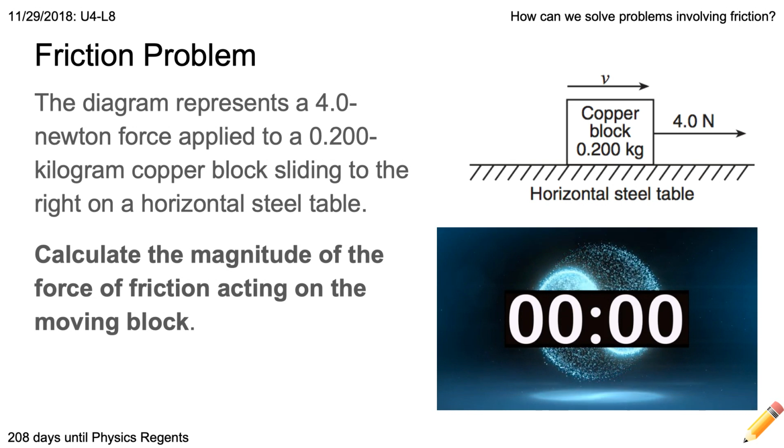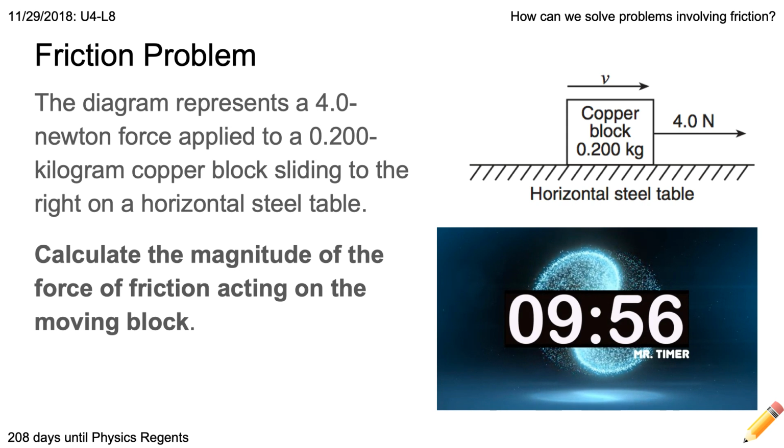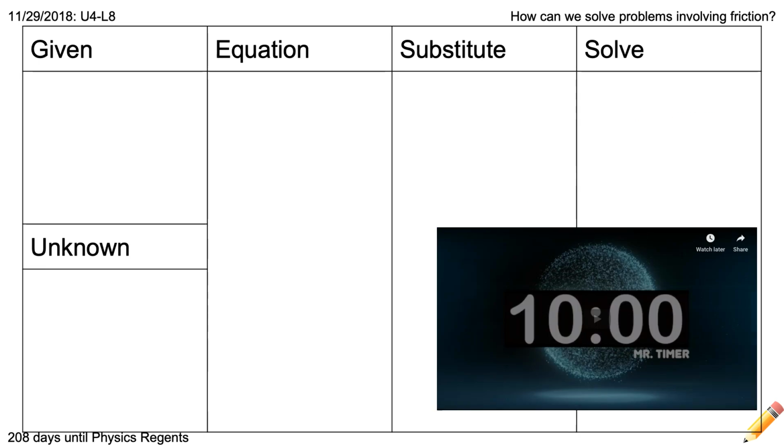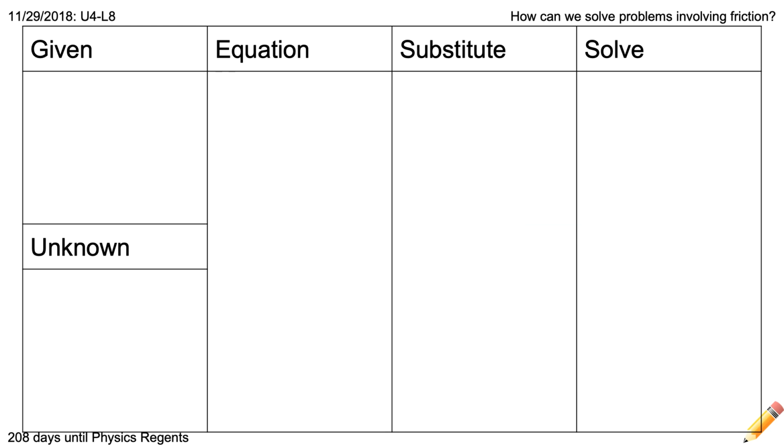All right. So the key to this question is recognizing that we can figure out the coefficient of friction based off of the two materials that are given. We're told that we have a copper on steel interface, and we're told that v is not equal to 0.